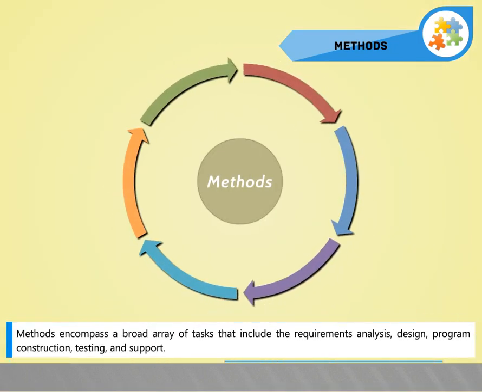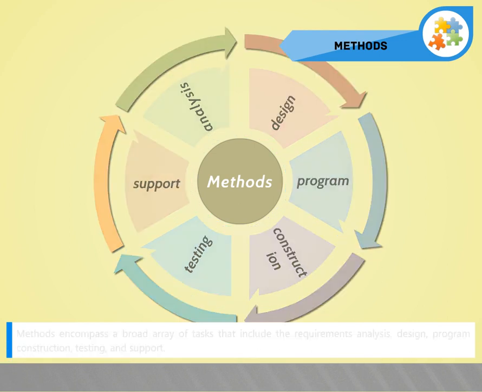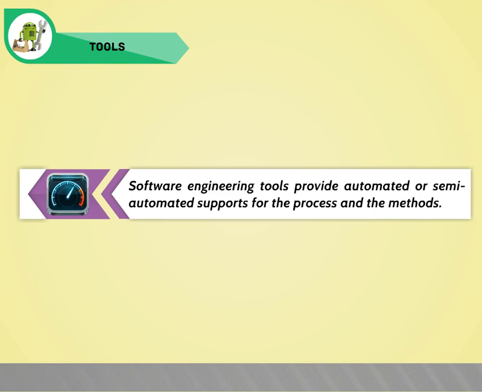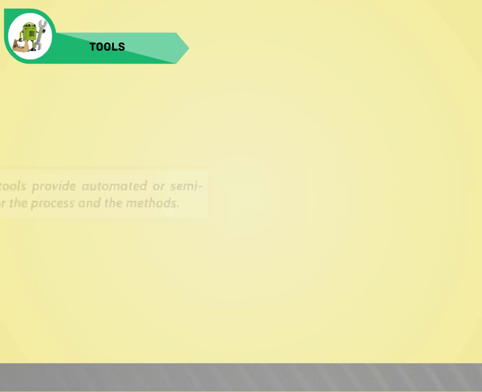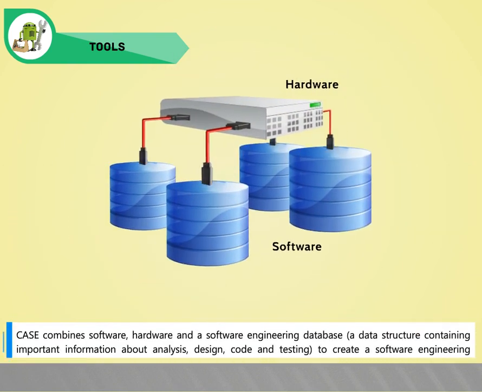Methods encompass a broad array of tasks that include requirement analysis, design, program construction, testing, and support. Tools. Software engineering tools provide automated or semi-automated support for the process and the methods. CASE combines software, hardware, and software engineering database.